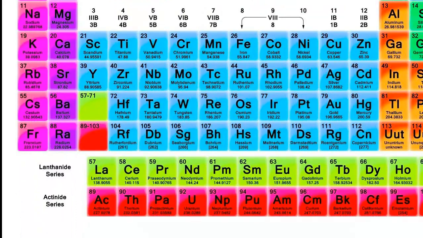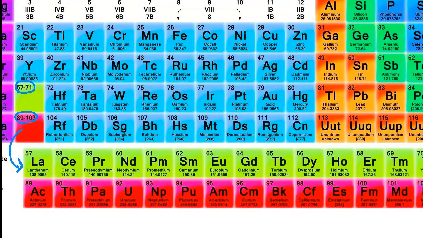including, as we mentioned before, if you come down here, if you take a look at the area that says 57 to 71 and the area that says 89 to 103, those are removed from the periodic table and brought down into this larger portion here. This is known as the F block. It's talking about the F shell.